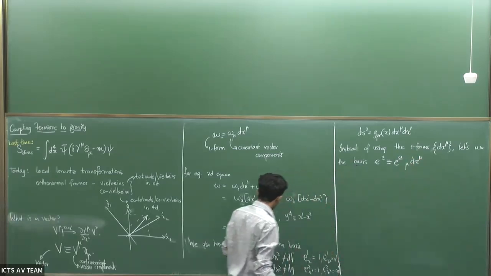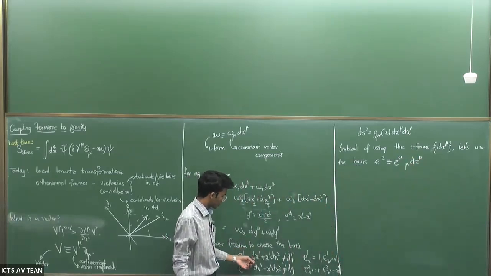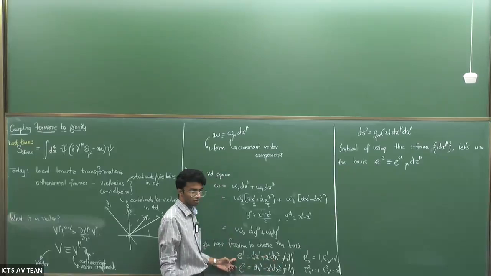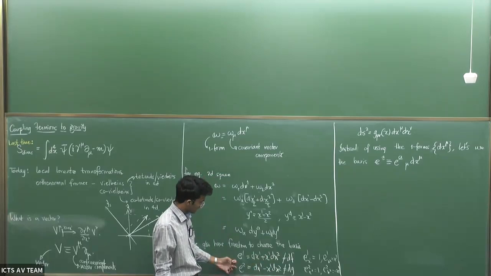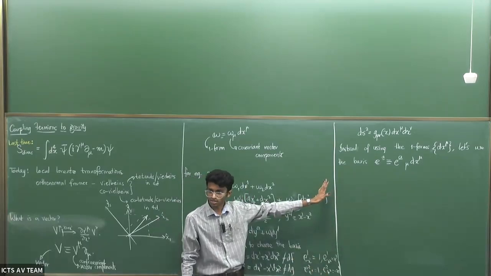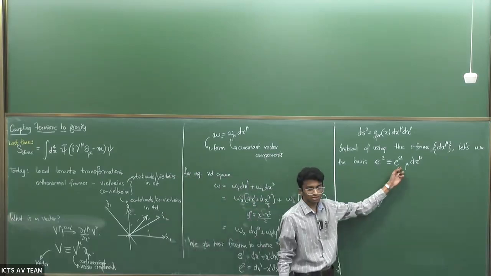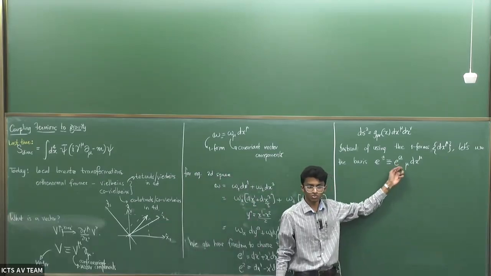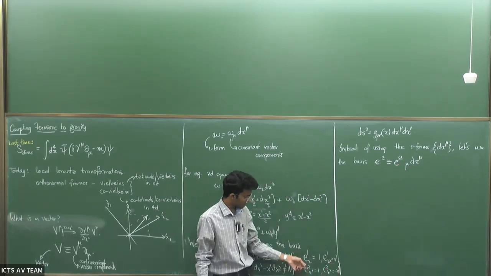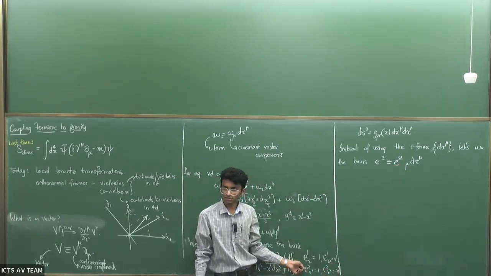Okay. Notice here what happened. You had two one forms dx1 and dx2, and you went to two other one forms E1 and E2. Now E1 and E2 themselves have components. Exactly the same thing that's happening here. So this is really a what kind of matrix? E^A_mu is what kind of matrix? Here E^A_mu is a 2x2 matrix, right?